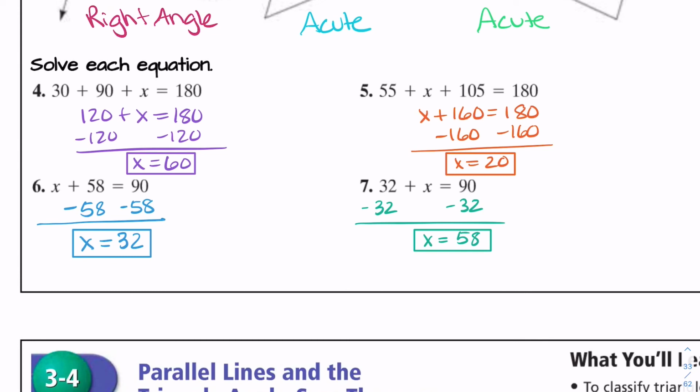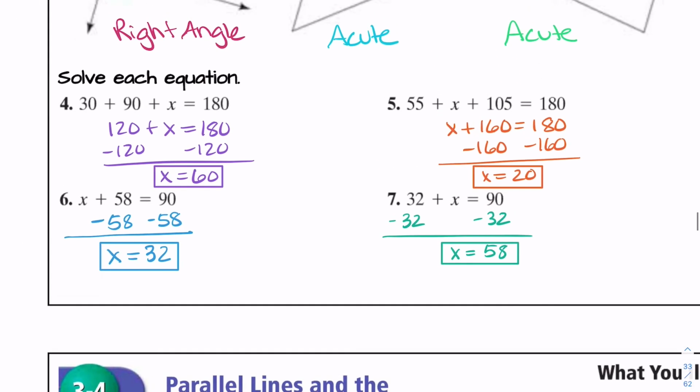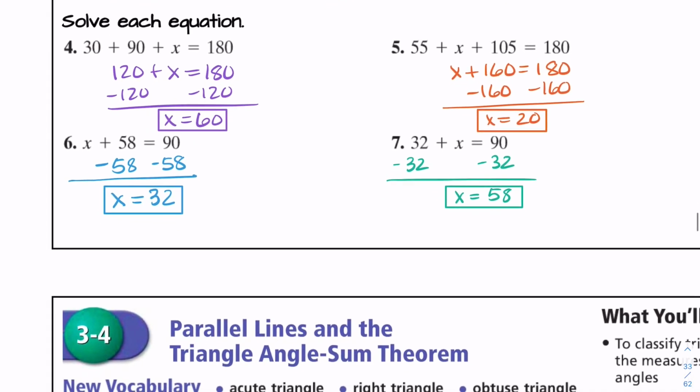Because remember, straight angles and right angles add up to 180 degrees and 90 degrees, respectively. So this is going to be something we're going to need to work with in this next lesson.